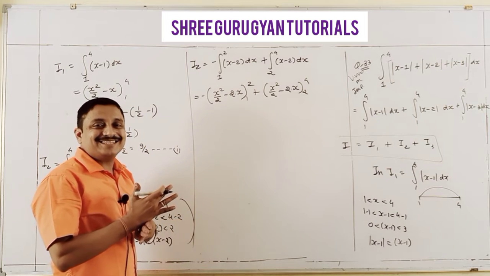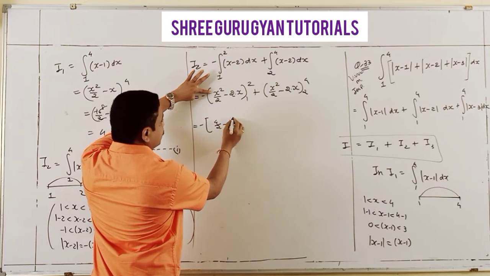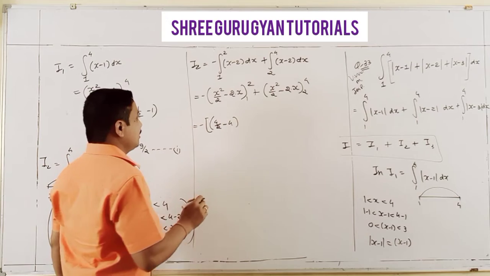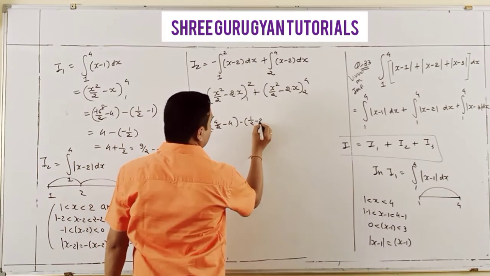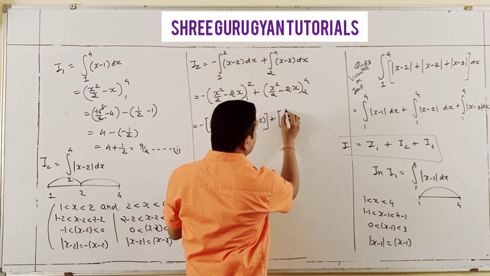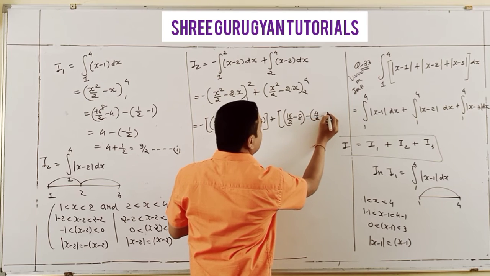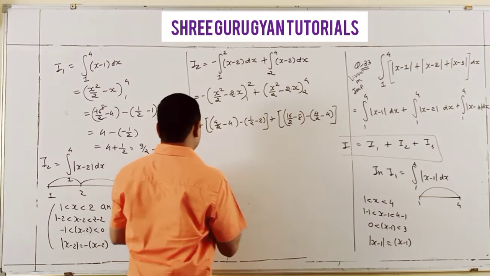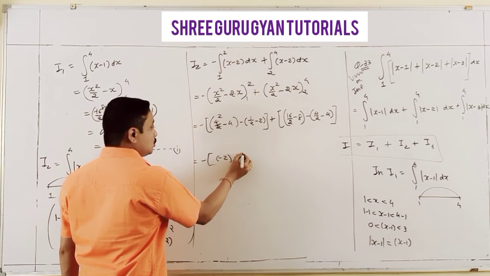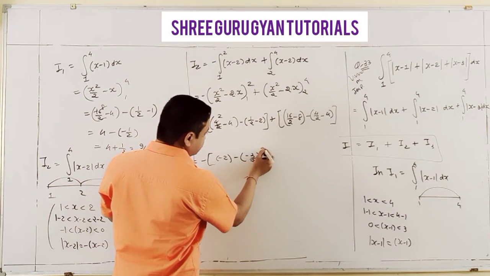And start putting the limits. Students, if you put 2, then 4 by 2 minus 4. Now the numerical is easy, but very lengthy. Minus half, minus 2. Same here, 16 by 2 is 8, minus 2 square, 4 by 2, minus 2 times 4.